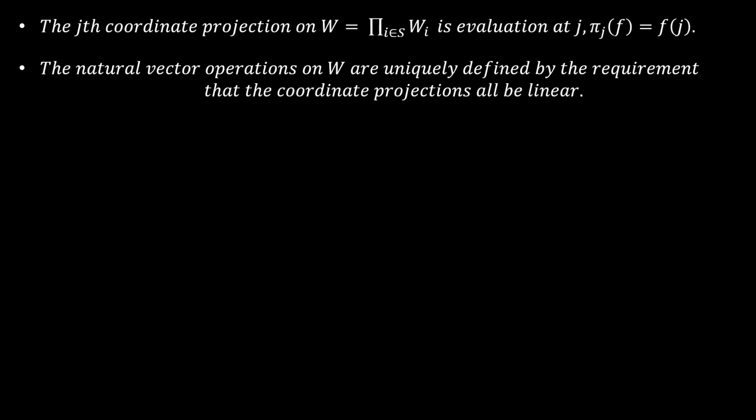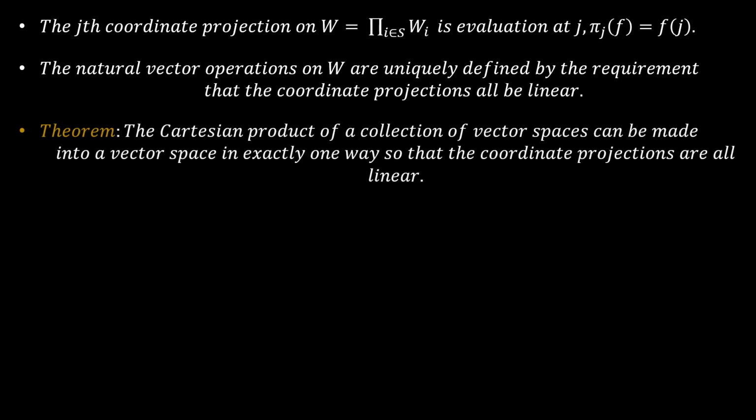It goes without saying that the natural vector operations on W are uniquely defined by the requirement that the coordinate projections all be linear. That's very important. We'll get to see why that's important.